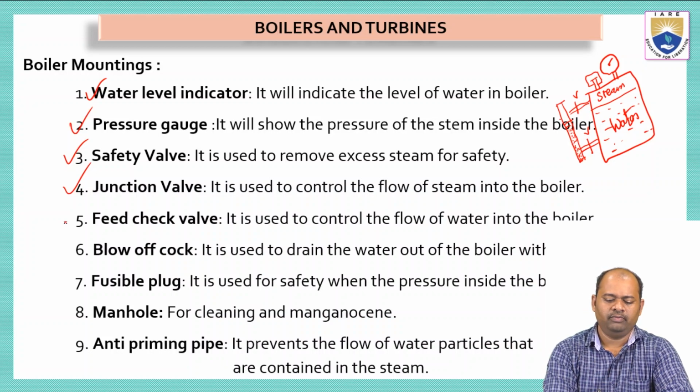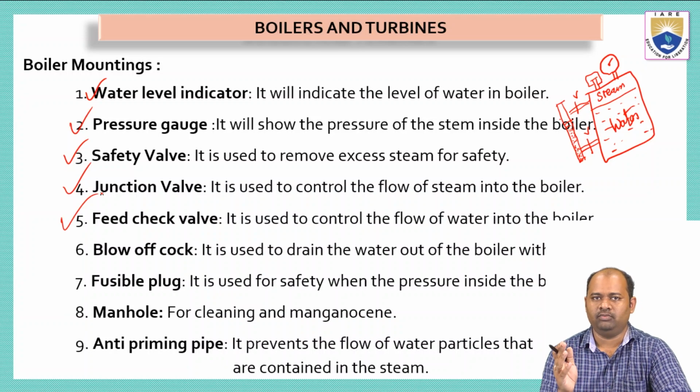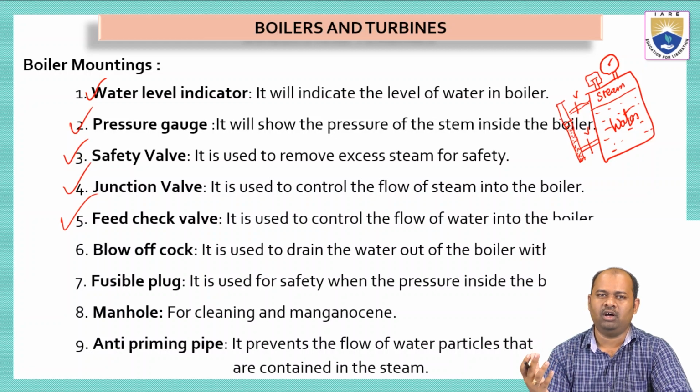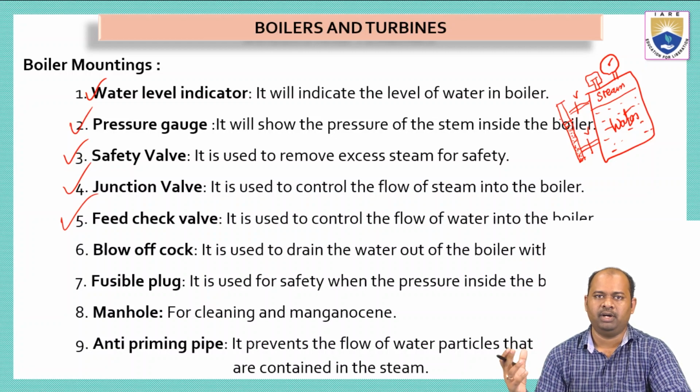And then the fifth device is the feed check valve. We have already said that into the boiler we have to take some water. This water has to be sent into the boiler by using a valve and a pump mechanism. We need a pump here, and this pump will drive the water into the boiler tank.